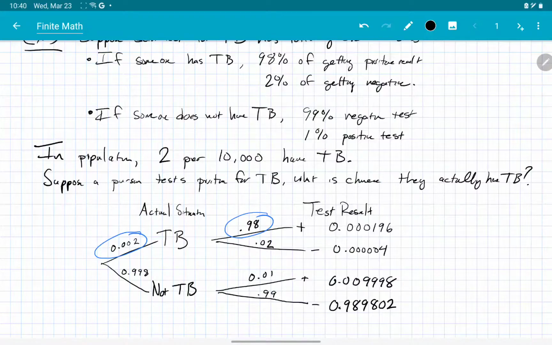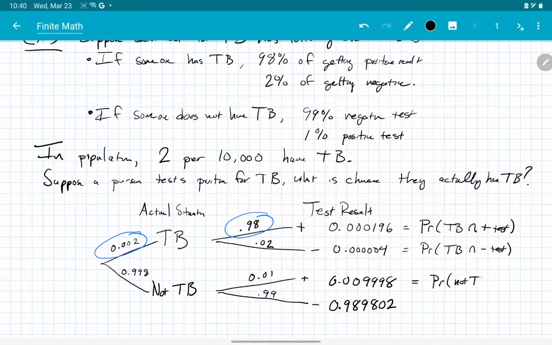This first one is the probability that someone has TB and a positive test. This is the probability that someone has TB and a negative test. This one is the probability that someone does not have TB and gets a positive test. And this one is the probability that someone does not have TB and gets a negative test.